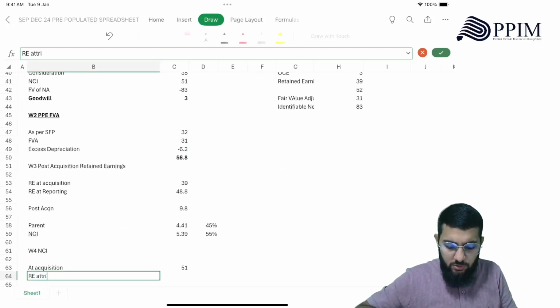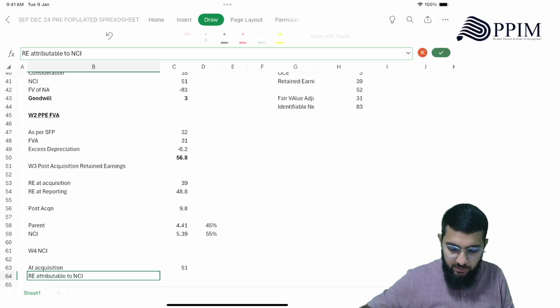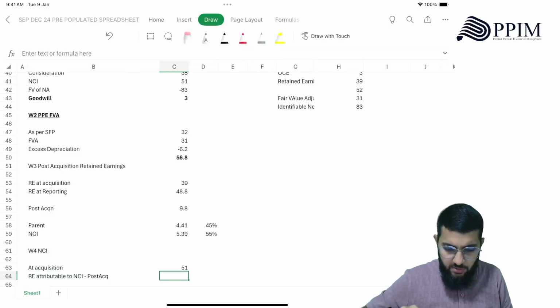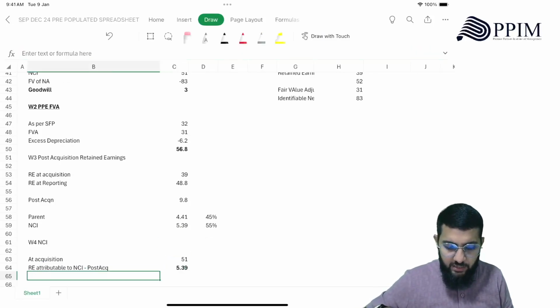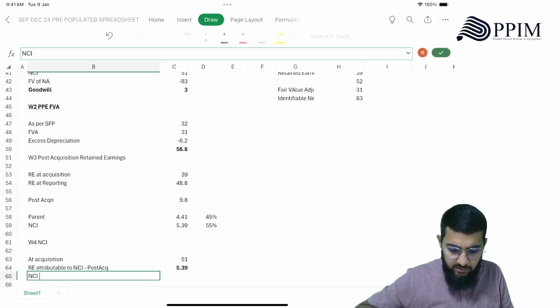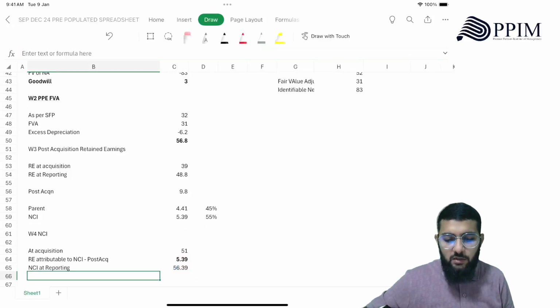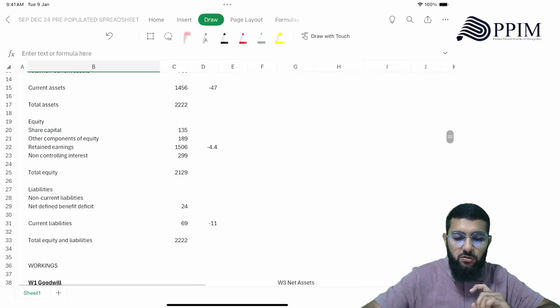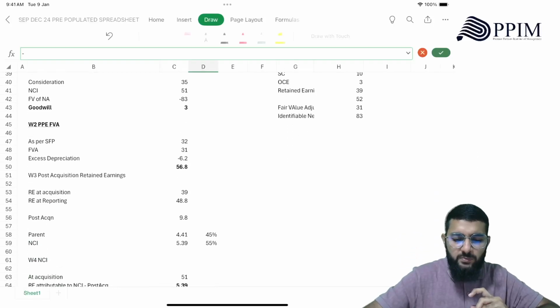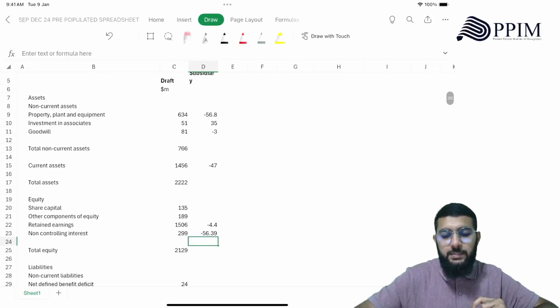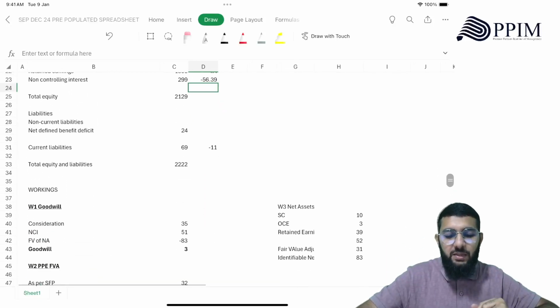Retained earnings attributable to NCI, post acquisition retained earnings, is 5.39. So NCI at reporting date equals this plus 56.39 that we remove from non-controlling interest. And with that, we have eliminated the NCI completely. Subsidiary has been eliminated now.